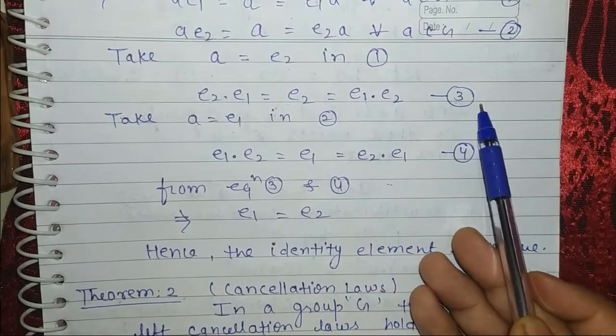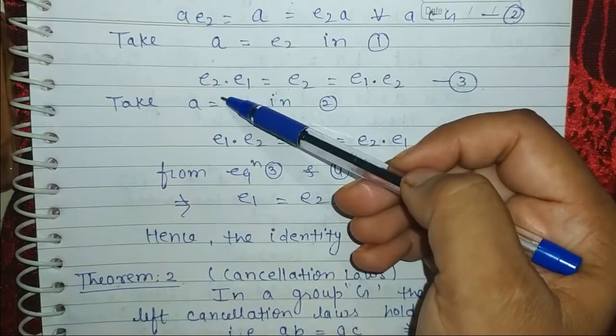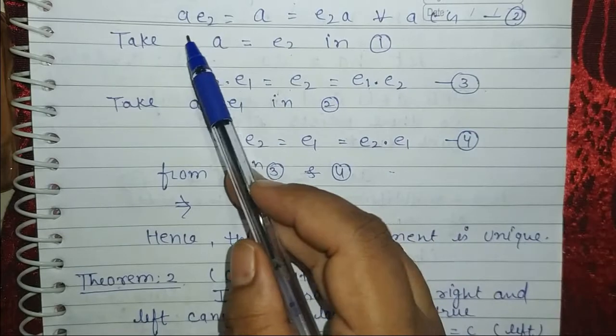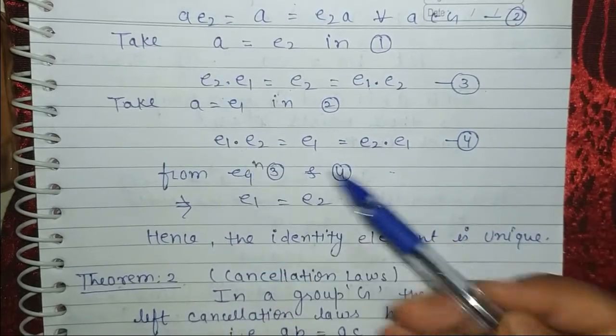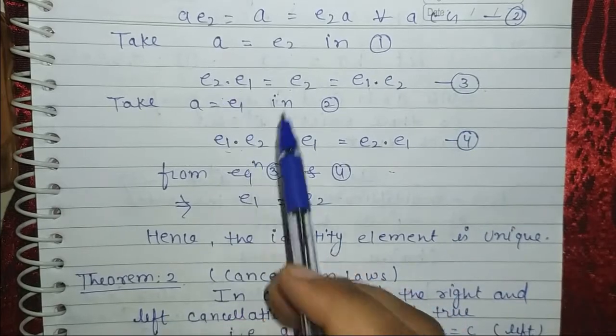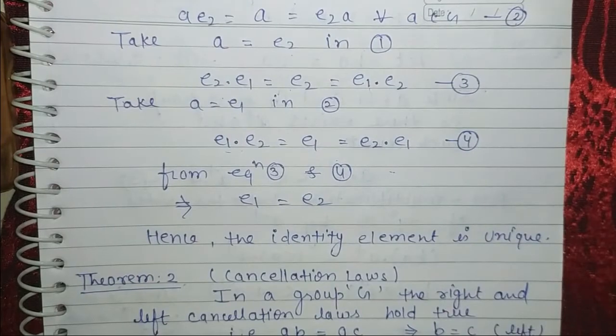This is our equation number 3. What I am doing here is just replacing A with E2 in equation 1. Similarly, in equation 2, I am replacing A with E1. So from equations 3 and 4, all the values give E1 and E2.